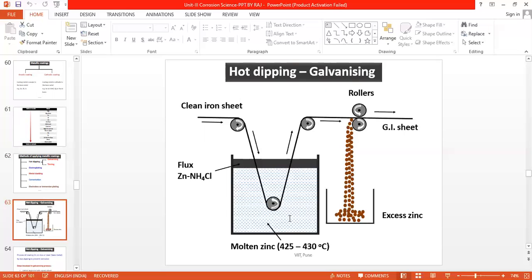So it is dipped in it for a period, as I have said, and then it is passed through a pair of hot rollers as shown in the diagram to remove the excess zinc and to get a uniform coating of zinc, and then it is cooled to room temperature. This process is known as galvanizing, and since it is an anodic coating, the zinc will protect the iron or steel as long as it is intact, but also when some pores or cracks develop in it.